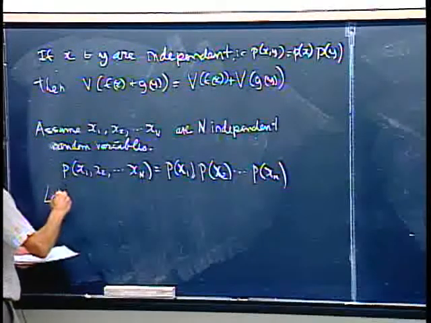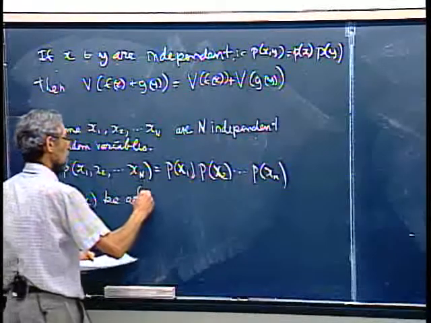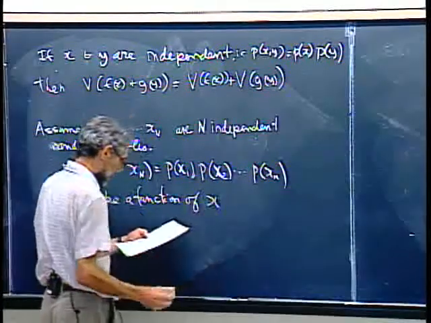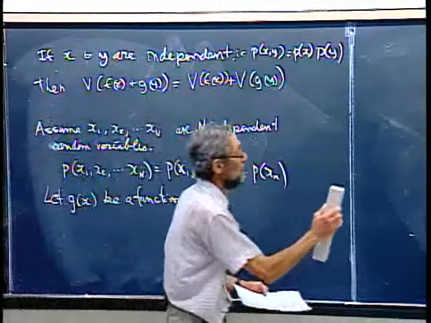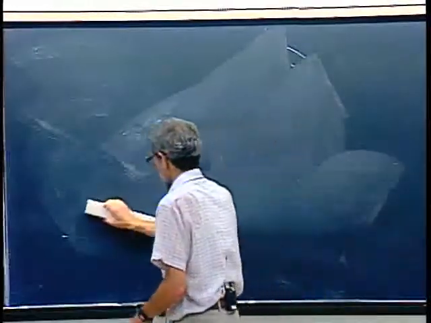And so let g of x be a function of x. And we want to look at the average value that we get from these n experiments.